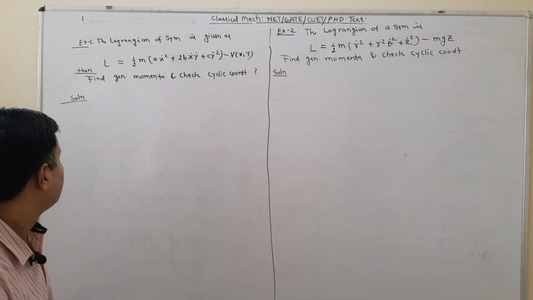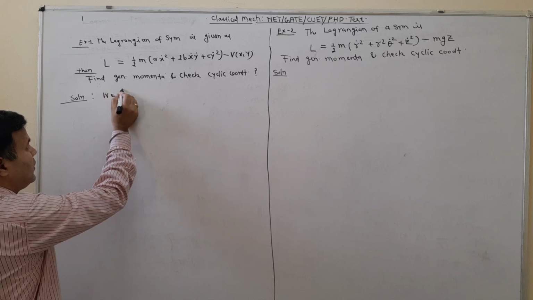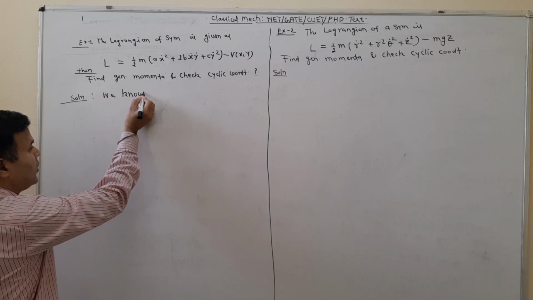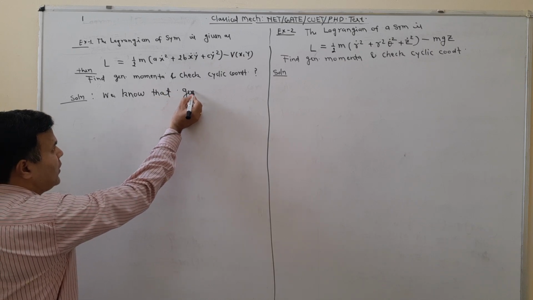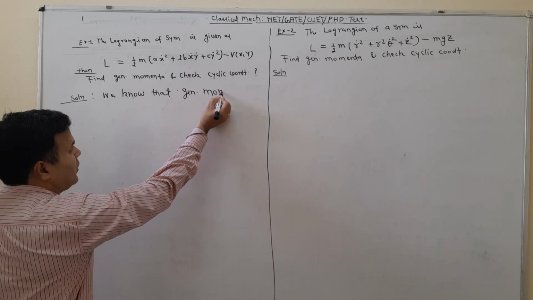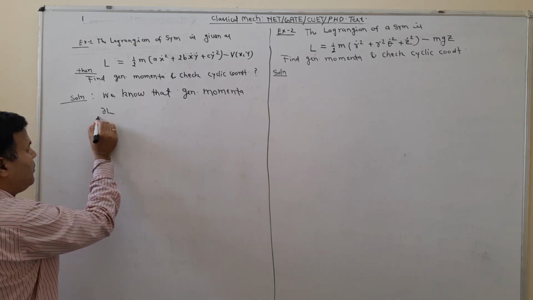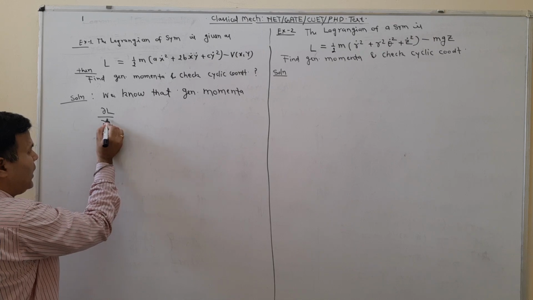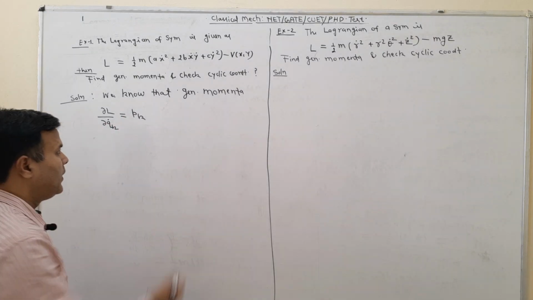So let us analyze. We know that the generalized momentum is ∂L/∂q_k dot, which is p_k.